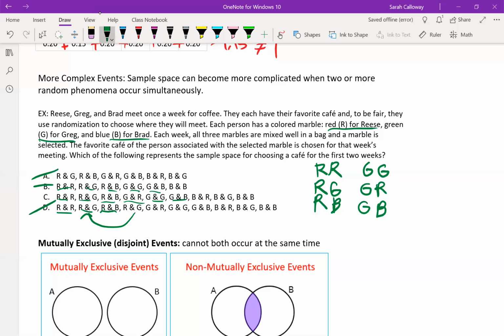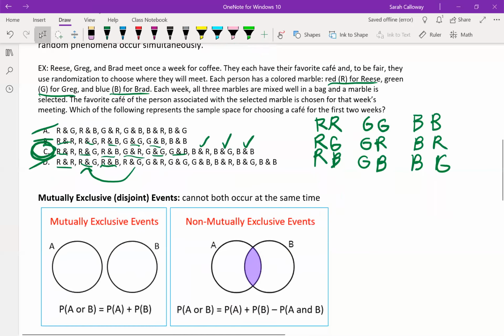So let's make sure that the rest of ours are as follows. So if Brad is picked first, right, it could be Brad and Brad, Brad and Reese, and Brad then Greg. So we have a B and R, B and G, B and B. So that means that C is the correct sample space.